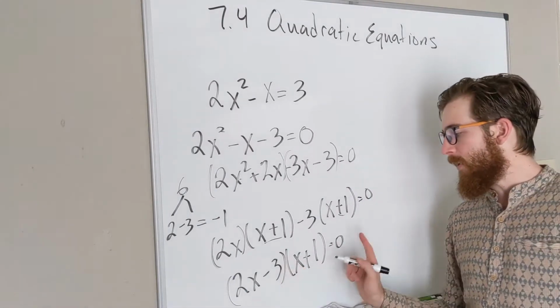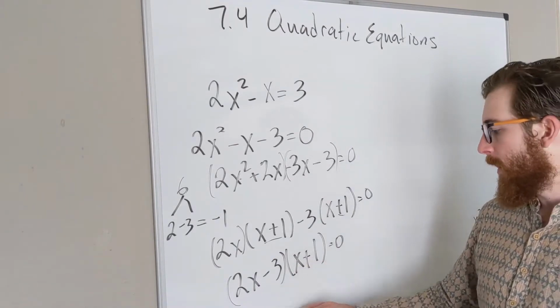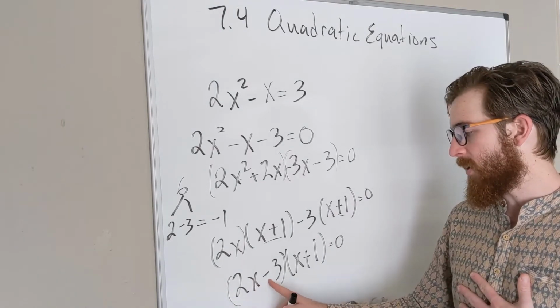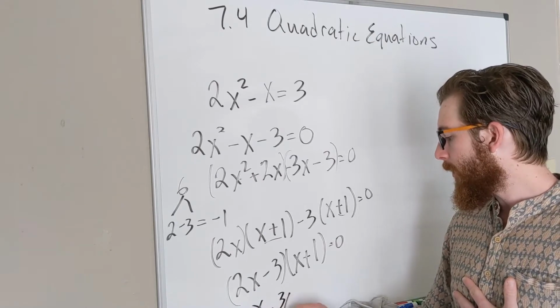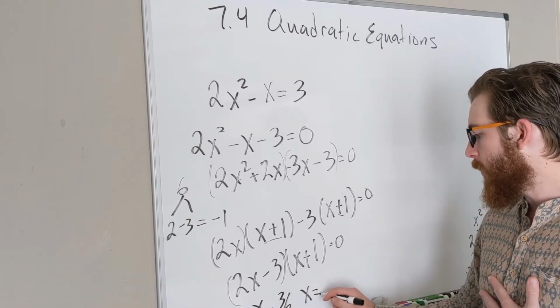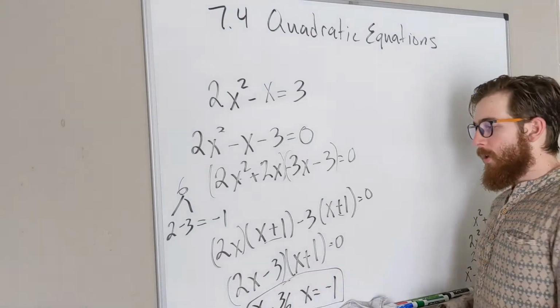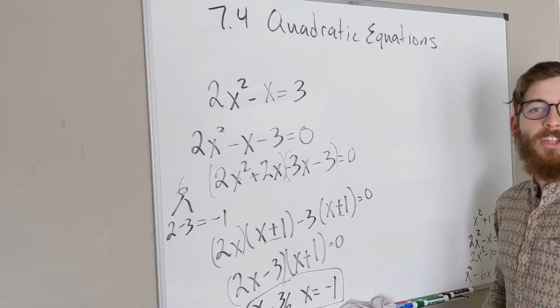And now we set both of these equal to 0. We did a lot of this practice before, so I'm going to skip setting them to 0 and just do that trick we learned where we change the sign. So x equals 3 halves, x equals negative 1. Okay, so that's how we solved these. Now, this gave me how many roots?